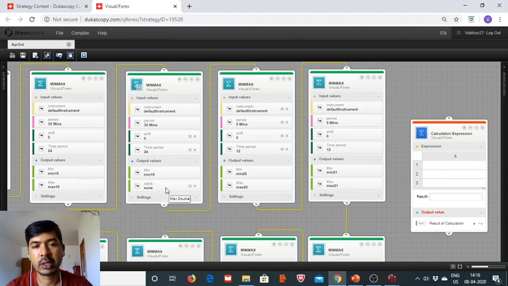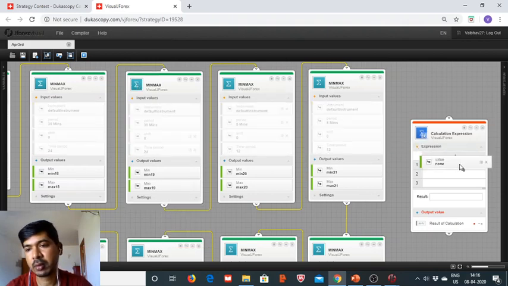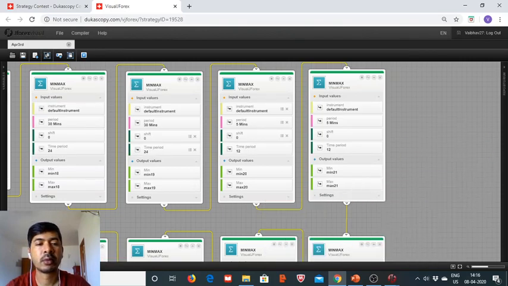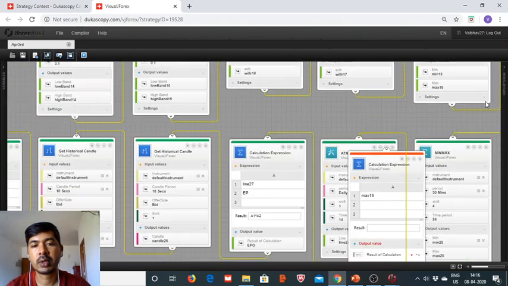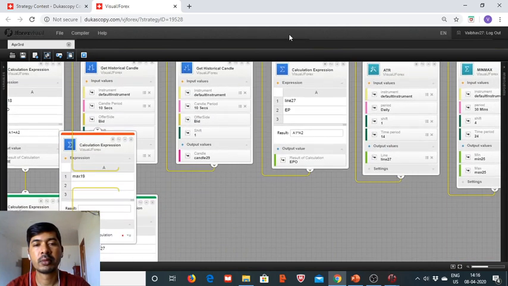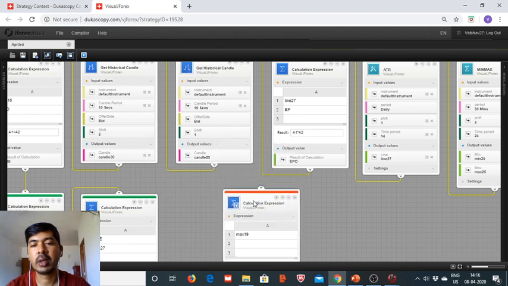Okay, so we want maximum 19, and now we will deduct the 20% of the ATR.